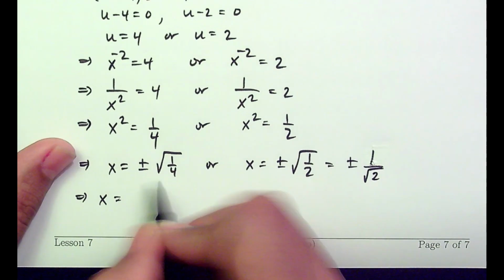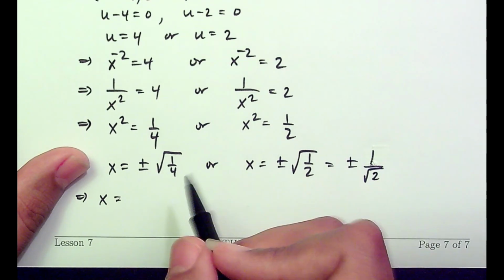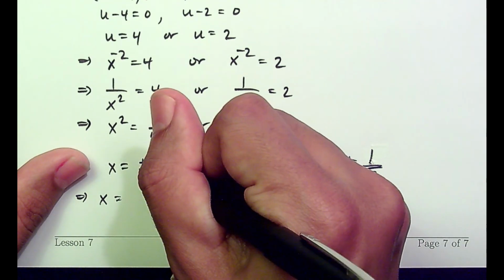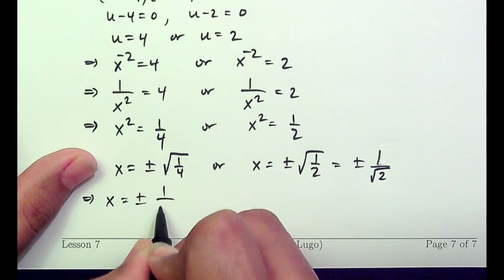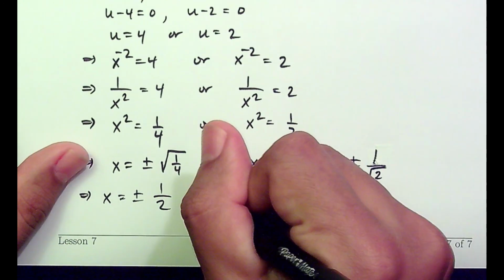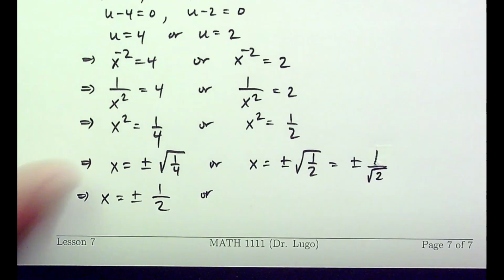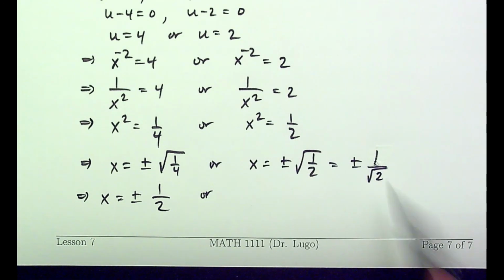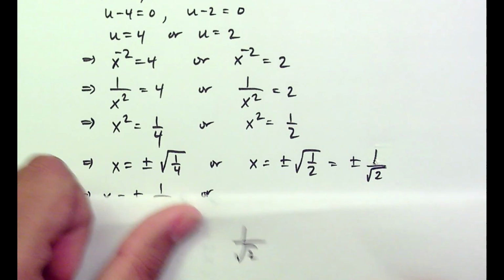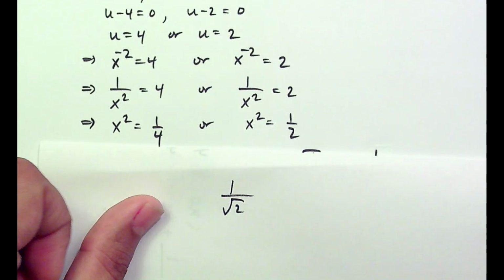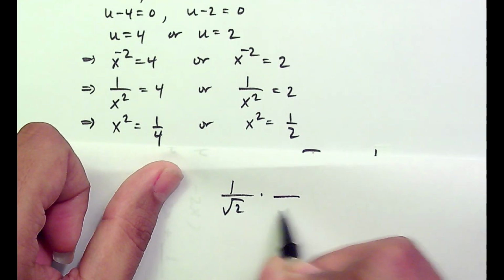Okay, and lastly, square root of a quarter. Again, you distribute the square root. So square root of the top over the square root of the bottom. Square root of the top is 1. Square root of the bottom is 2. And for this one, you have a radical on the bottom. We usually rationalize. So remember how do you rationalize? Get rid of the radical from the bottom. You multiply top and bottom by the square root of the bottom.